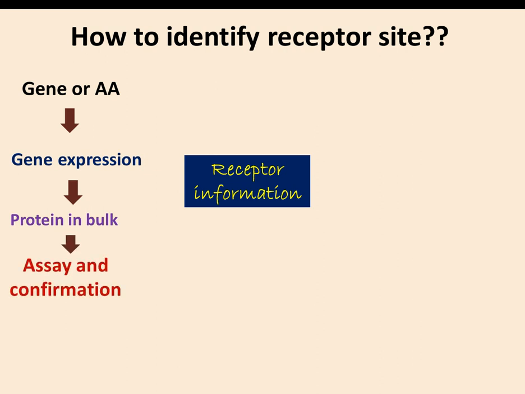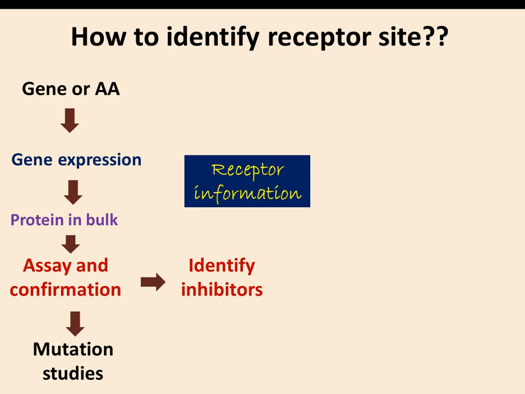They develop an assay and confirm its catalytic activity or biochemical role, and then they also perform mutation studies. Point mutation is done to ascertain the amino acids and their role in bioactivity, and then they try to identify inhibitors because an assay is developed. So in vitro assays or high throughput screening are done to identify the inhibitors.